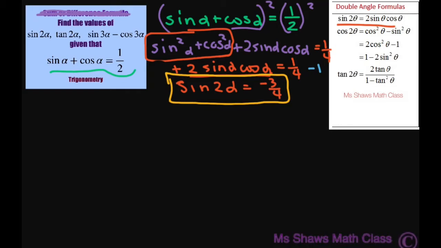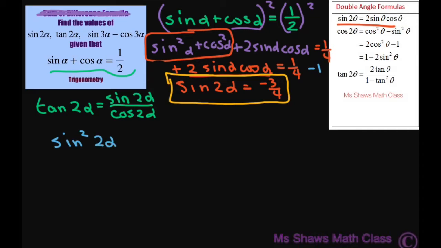We know that tan of 2 alpha equals sine of 2 alpha divided by cosine of 2 alpha. So we need to find cosine of 2 alpha. So I'm going to use my Pythagorean identity and have sine squared of 2 alpha plus cosine squared of 2 alpha equals 1.